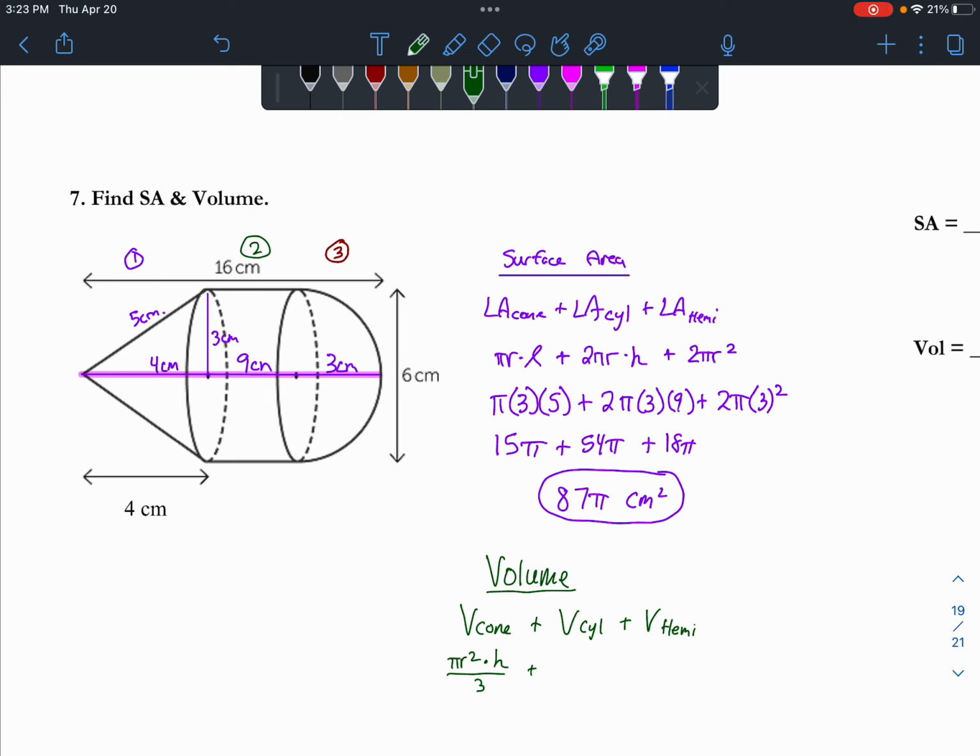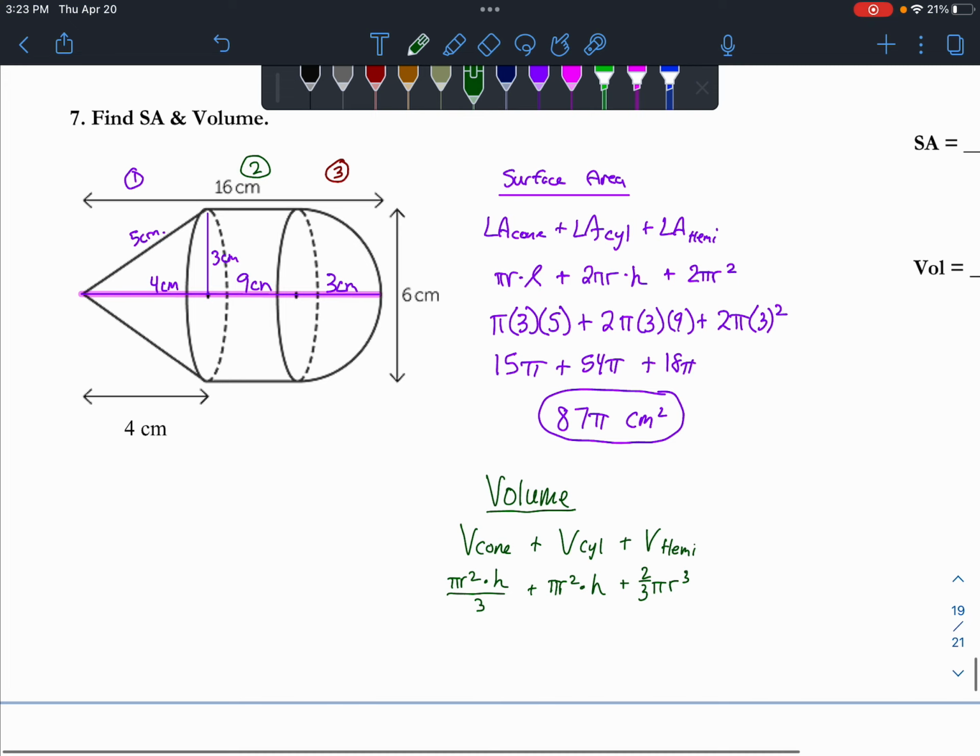Volume of a cylinder is your base, pi r squared, times the height. And for your hemisphere, we have 2/3 pi r cubed. Luckily, again, we do have all the numbers that we're going to plug into this. So let's go ahead and do that real quick. Radius of your cone was 3.